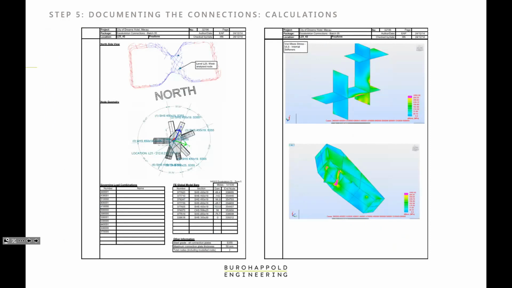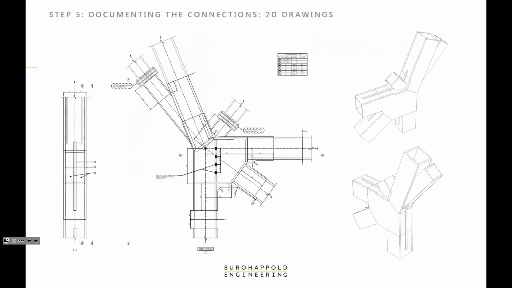Once we've convinced ourselves that we can do it and the calculations verify that and they can be given to a third party for checking, we've then actually got to communicate the information to the contractor. We chose two approaches here. One was to do the very simple flat connections on conventional 2D drawings, and the script helped generate these.